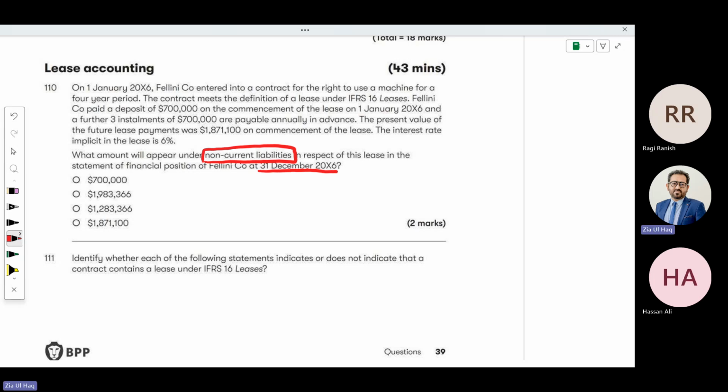The present value of the further lease payments was 1,871,100 on commencement of the lease. The interest rate implicit in the lease is 6%.